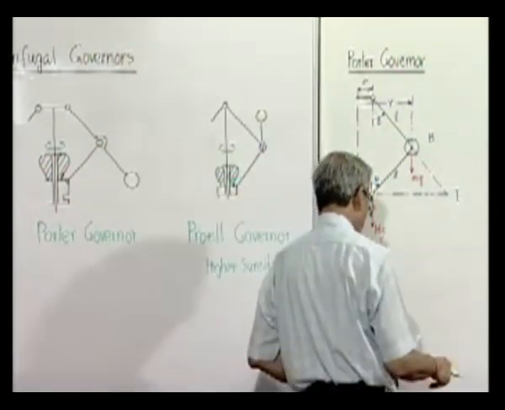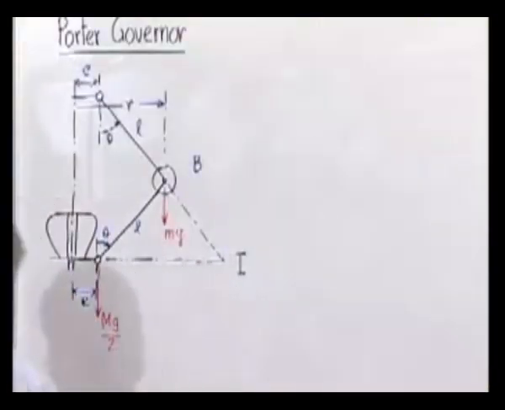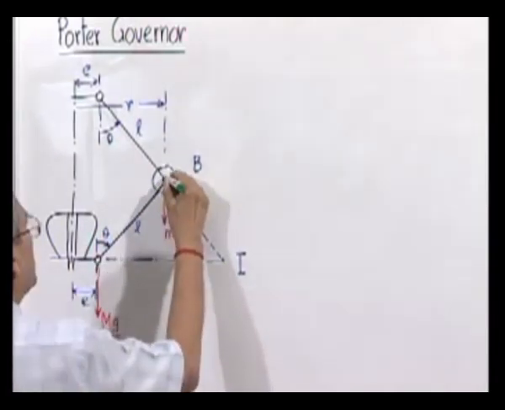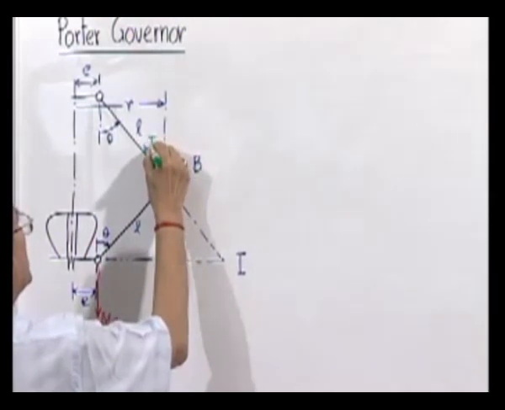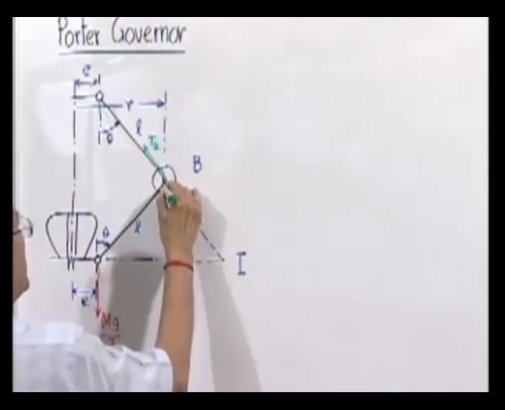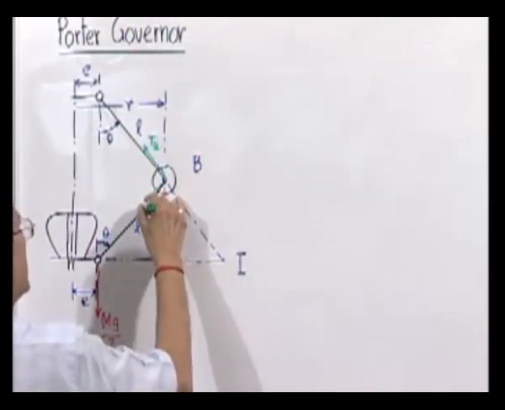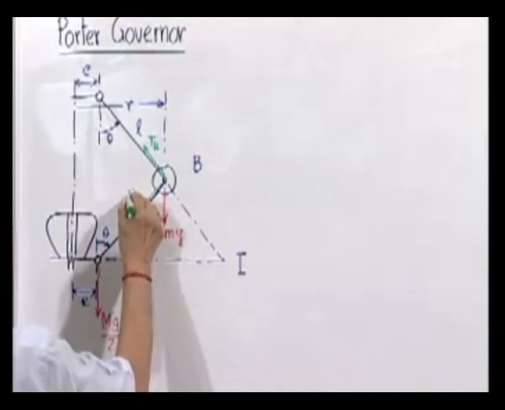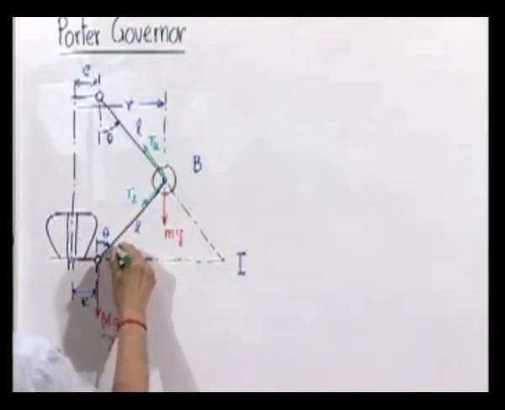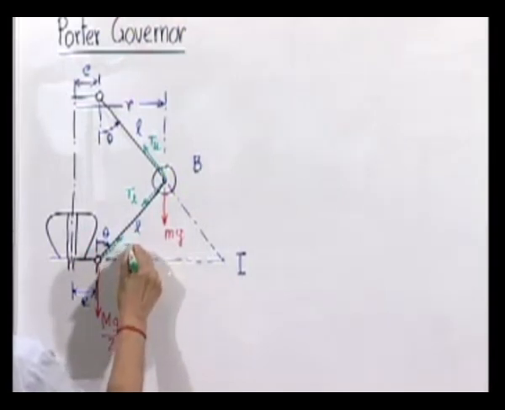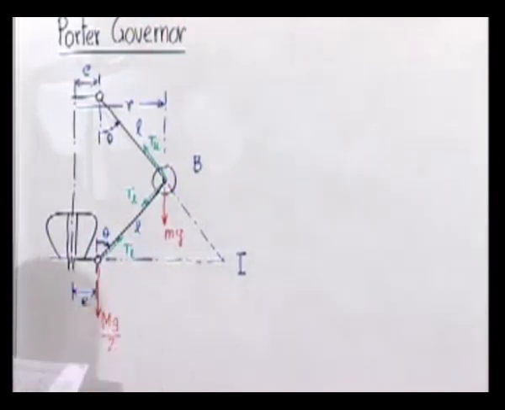These are the external forces. Internal forces we can designate, that means tension in the upper link, we can say T_U, and tension here in this we can call tension in the lower link, and obviously tension in the lower link here and here they will be equal and opposite.